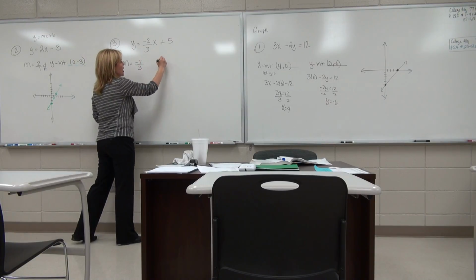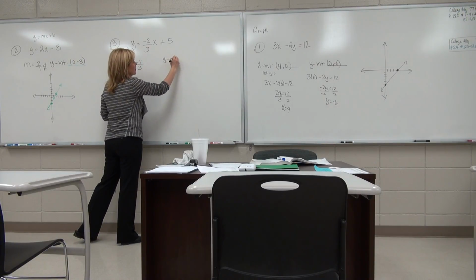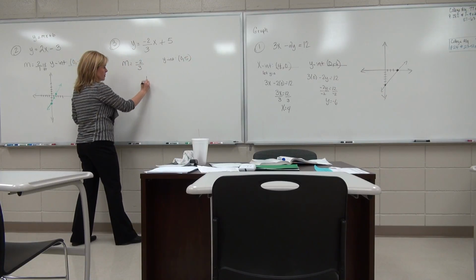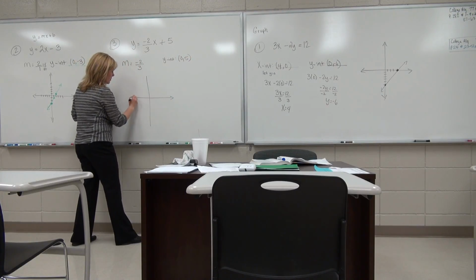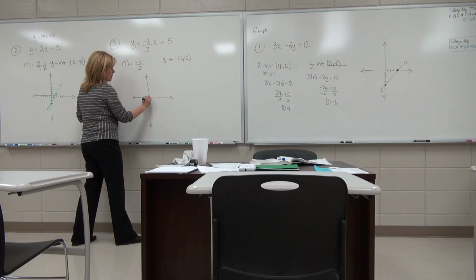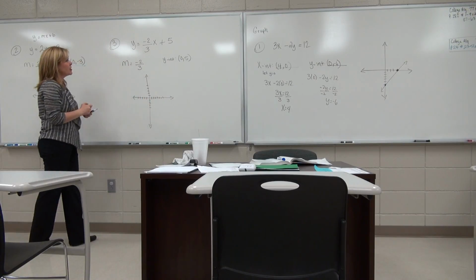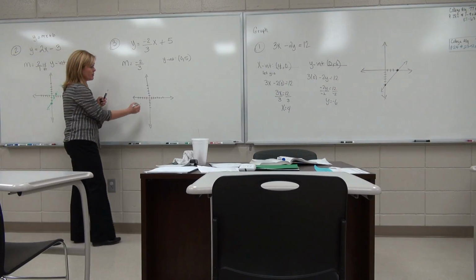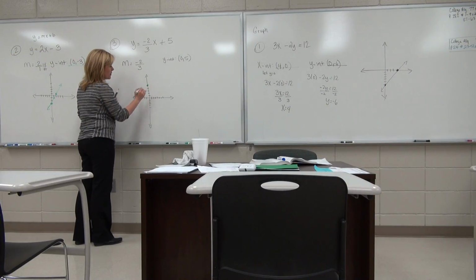And my y-intercept would be 5, so it's the point (0, 5). So to graph it using the slope-intercept form, plot the point first, (0, 5): 1, 2, 3, 4, 5.